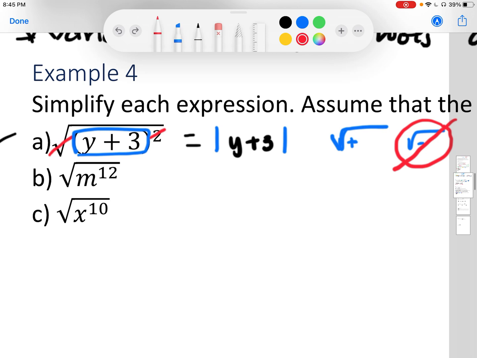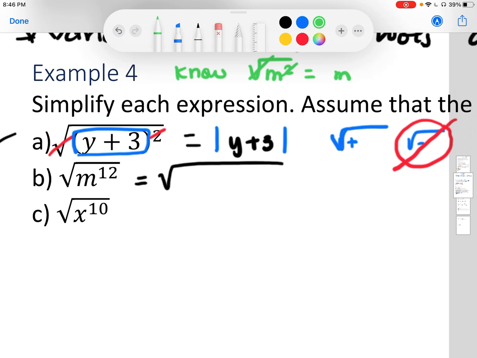Okay, let's take a look at B. The square root of m raised to the 12th. So we'll talk about this a bit more further, but consider writing it this way. We know that the square root of m to the second power will cancel out and just give us m.